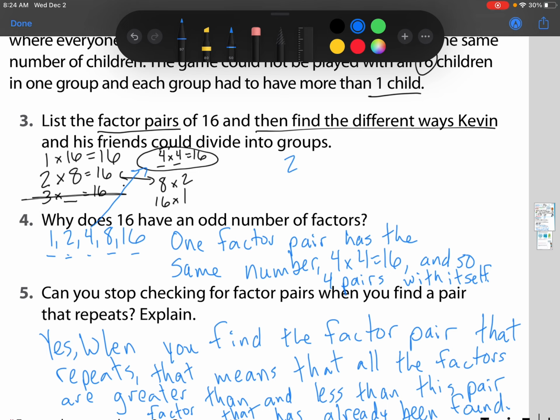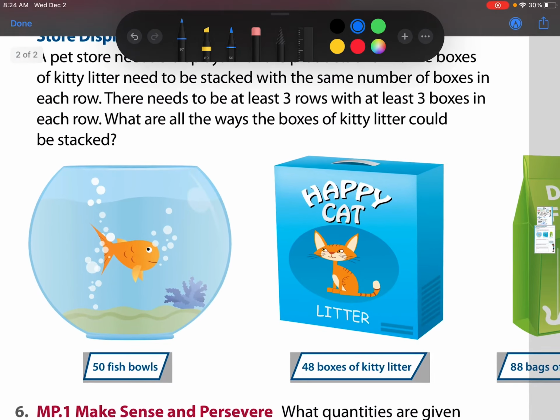So we could have 2 groups of 8. We could have 4 groups of 4. What else could we have? We could have that 8 groups of 2. But we can't have the other ones because remember we can't have everyone in the same group and we can't have people by themselves.